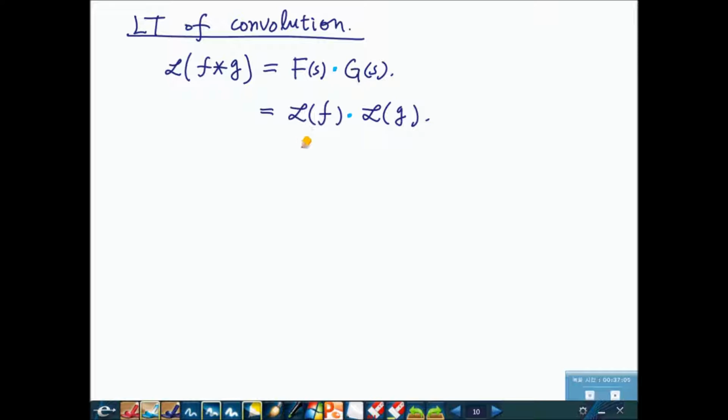They are really multiplication in S domain. Multiplication in S domain means convolution in T domain.